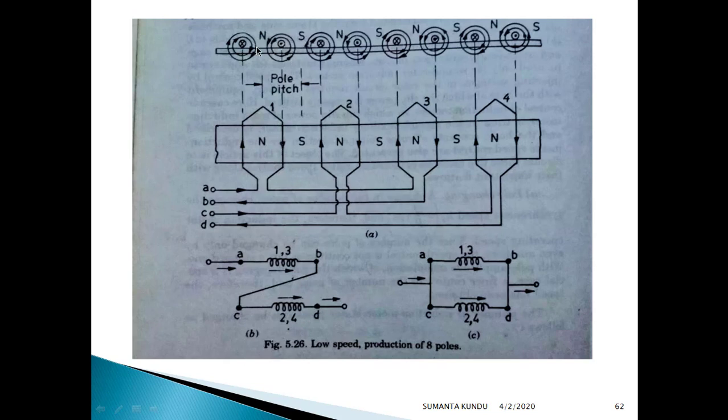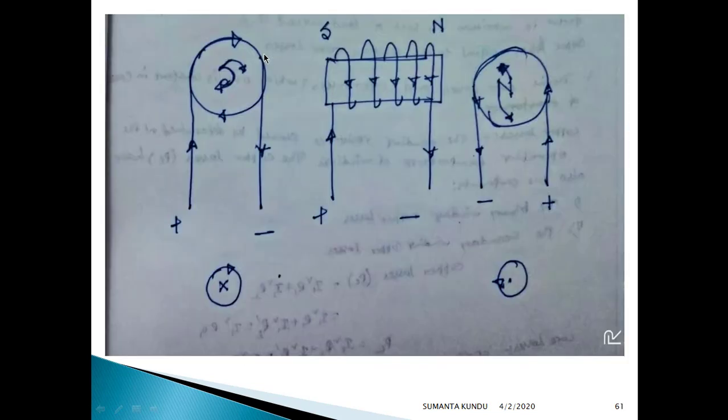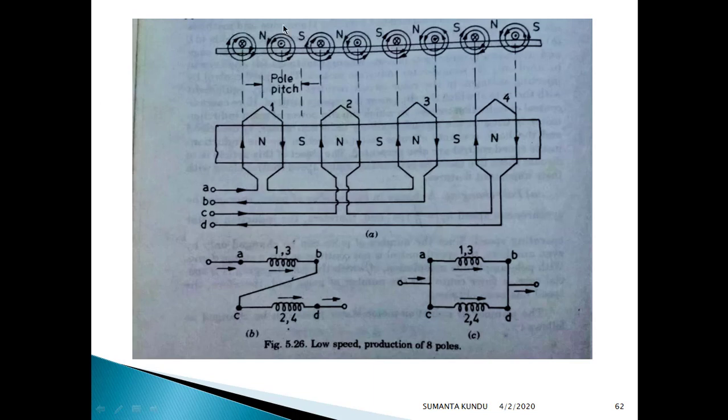Here the direction is downward, here also the direction is downward. So as we have seen in our picture, when current is downward, a north pole is produced. So here the north pole is produced. Similarly here the current is upward and here also upward, so a south pole is produced, and in similar fashion north pole, south pole, north pole, south pole, consequent poles have been developed. And we can see that it is 1, 2, 3, 4, 5, 6, 7, 8.